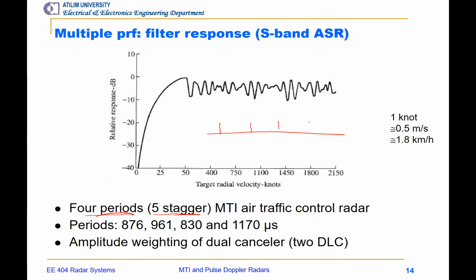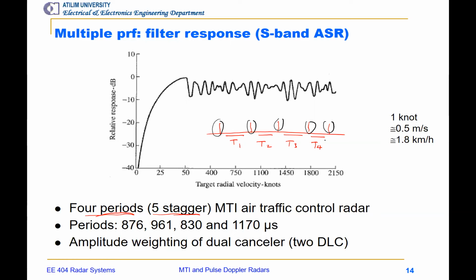Okay, let's say this is T1, T2, T3, and T4. So we have 4 periods in here, but how many pulses? 1, 2, 3, 4, and 5. So 5 staggers, 4 periods, okay? You have to be careful here.